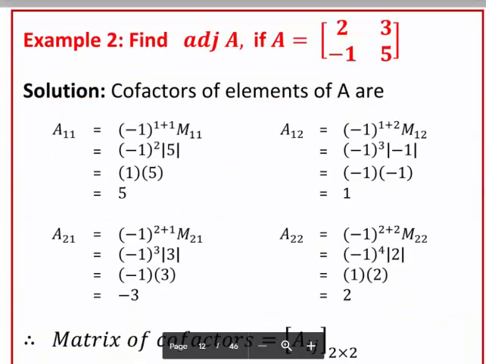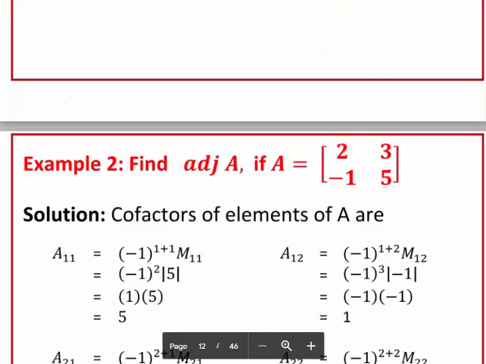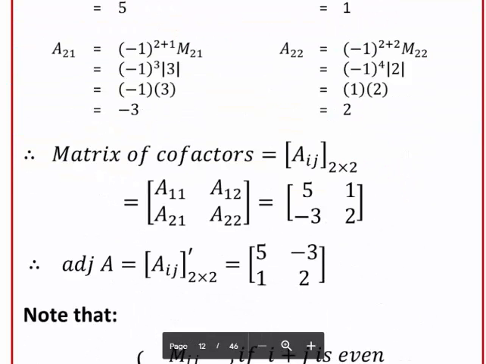Again we go through another problem to understand deeply how to calculate the adjoint of A. This is a matrix of size 2 by 2. Here we have to find the cofactor of elements. There are 4 elements, so we will get 4 Aij's. Just substitute, and we get the cofactor matrix.